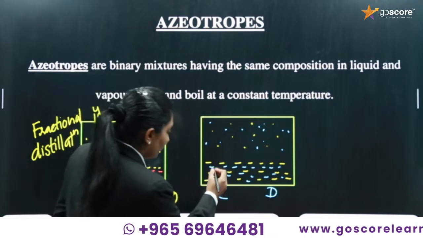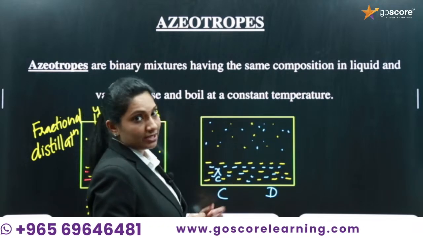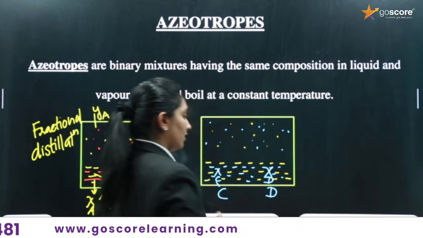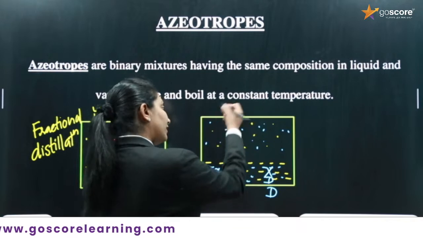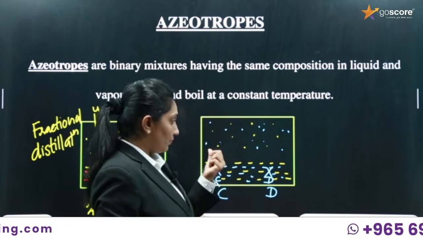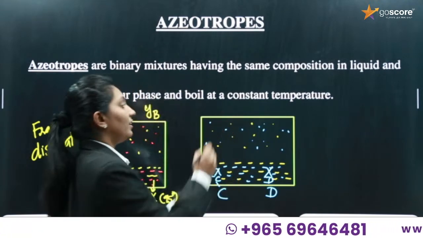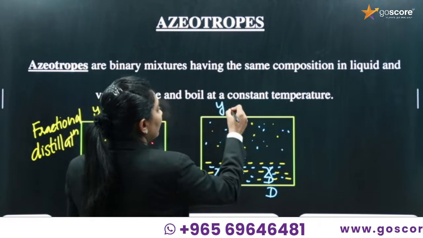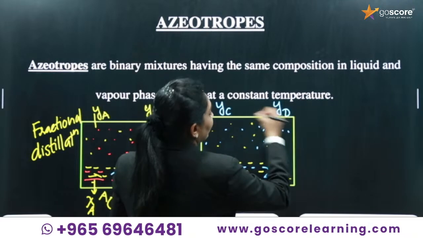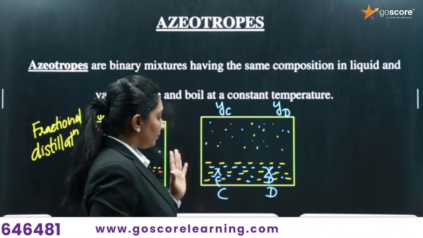Of course, C will have a mole fraction in the solution that we represent with chi C, and for D it is represented with chi D. They exert vapor pressure because of the vapors formed. The mole fraction of component C in the vapor phase we represent with YC, and the mole fraction of component D in the vapor phase with YD.